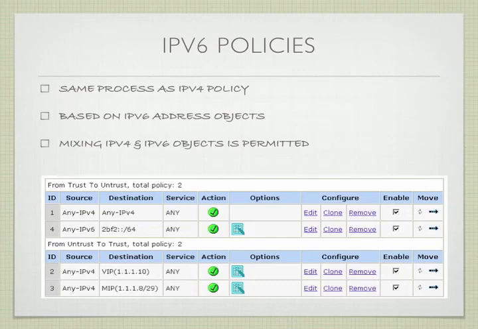So the creation process for addresses and the creation of policies, zone to zone, in this case trust to untrust and untrust to trust, are exactly the same as what we covered in the policy lessons.